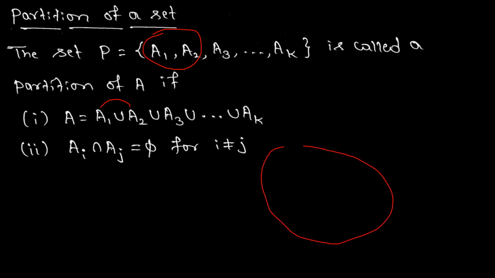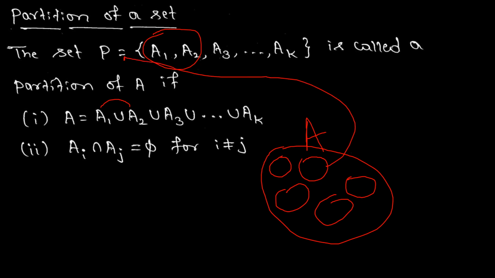That is, if you have a set A, then we can partition it into mutually disjoint subsets, whose union will be again equal to A. So this is nothing but partition, which is denoted as P here.